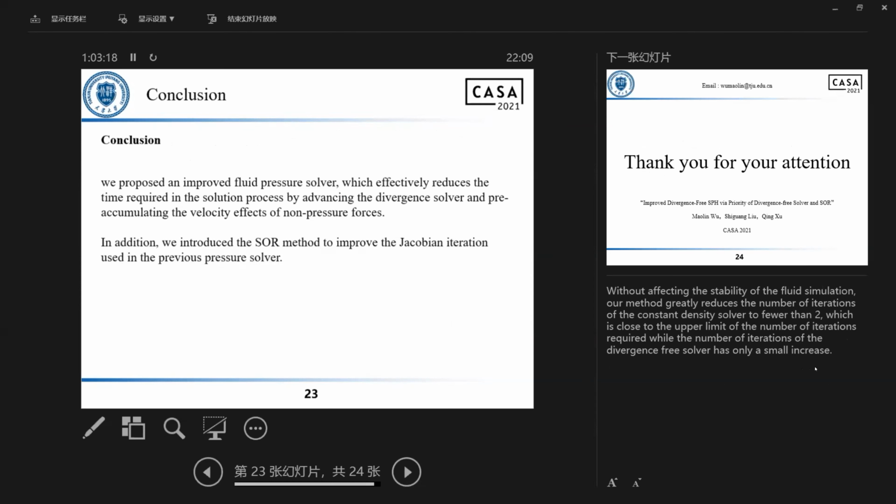Conclusion: we proposed an improved fluid pressure solver, which effectively reduces the time required in the solution process by advancing the divergence solver and pre-accumulating the velocity effects of non-pressure force. In addition, we introduced the SOR method to improve the Jacobi iteration used in the previous pressure solver.